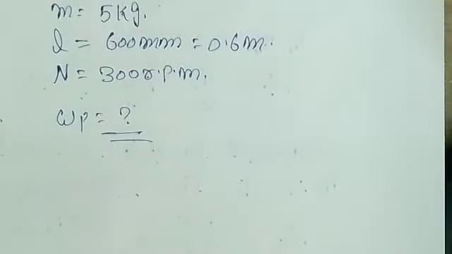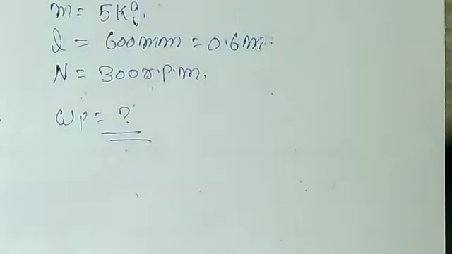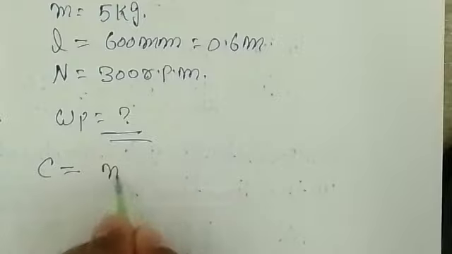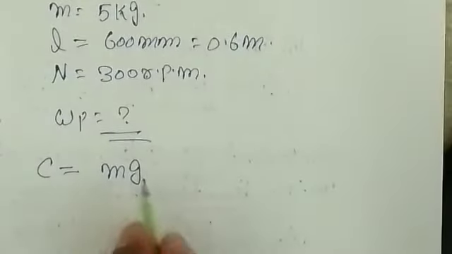Now, first of all, you have to find the gyroscopic couple. Couple is nothing but force into distance, that is, the force on the disc into the length of the arm. So C is equal to mass into gravity into length.